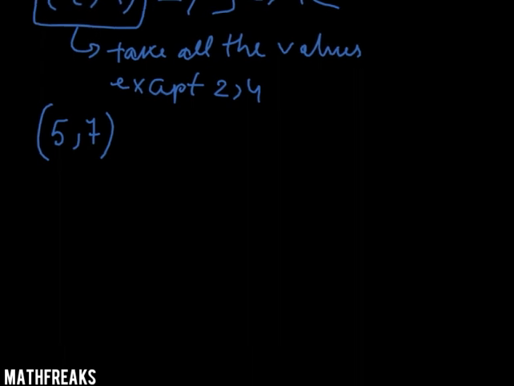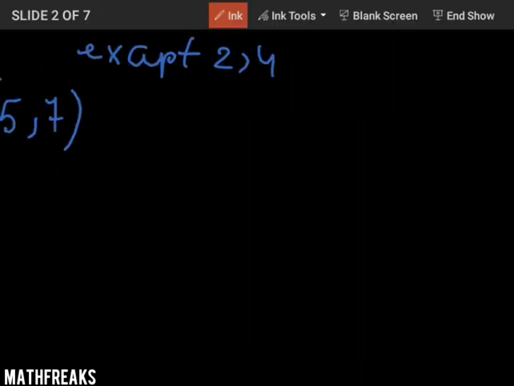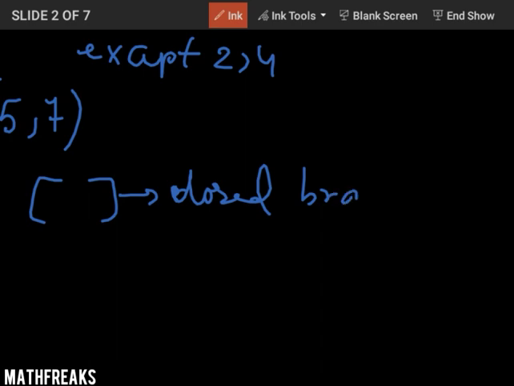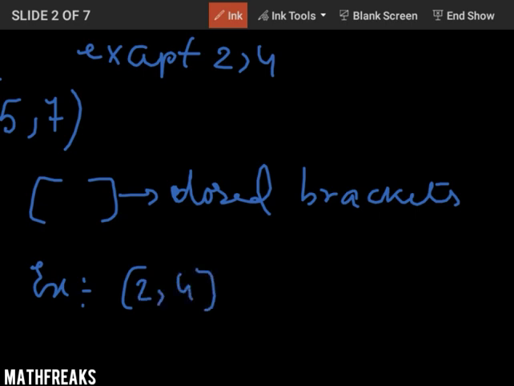Now let's move on to the second notation, that is closed brackets. This is known as closed brackets. Now if I take an example, say 2 comma 4 closed, what do we mean by that? This is very simple.